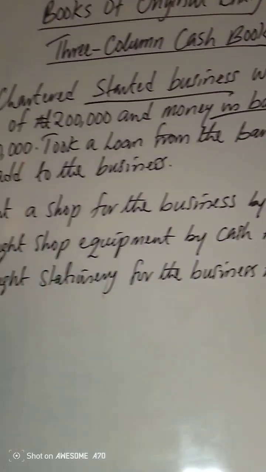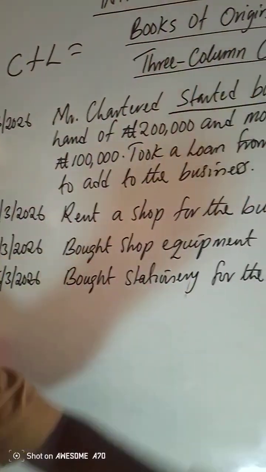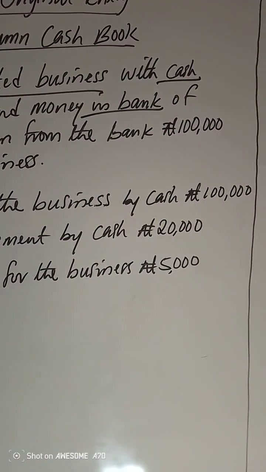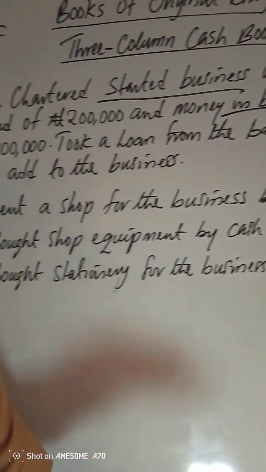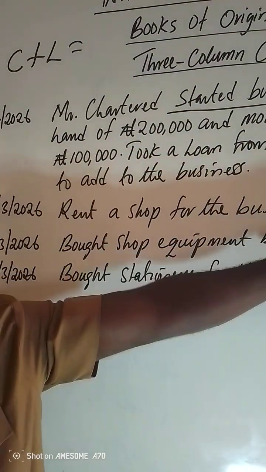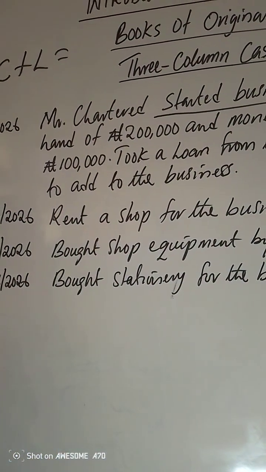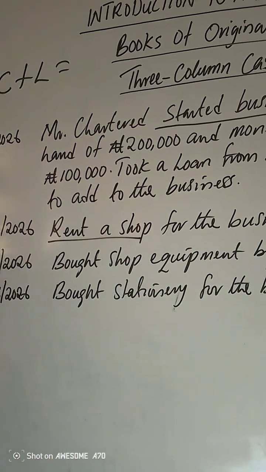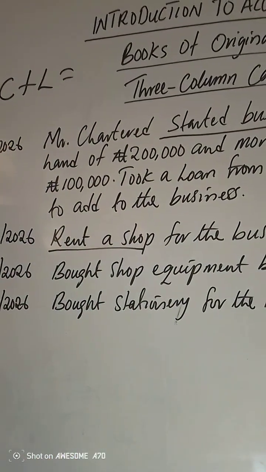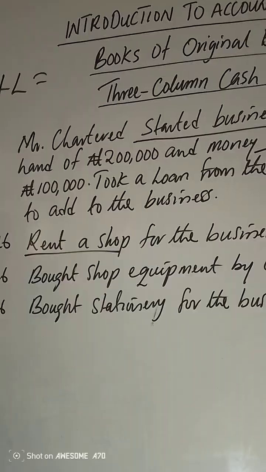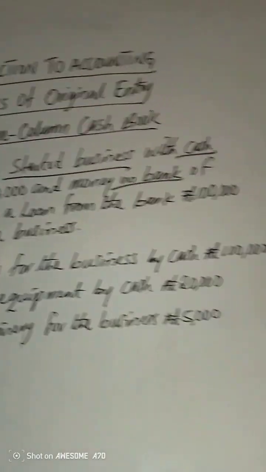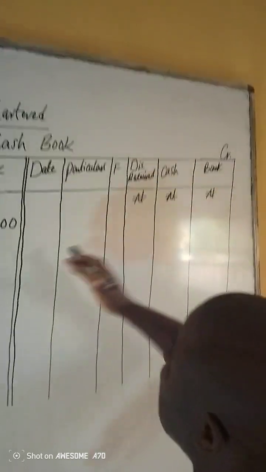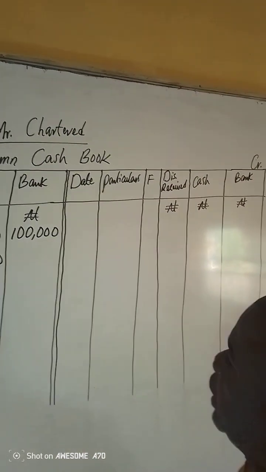Here, mind you, we are still standing on the principle of cash book that says all money received in the business is debited in the cash book, all money paid is credited. So in this case, cash has been paid out, and the purpose of paying the cash out is to pay shop rent. So to cut it short, you can just say rent, or you can say shop rent. So you come here and then credit your cash book, because money is going out of the business. So anytime money goes out of the business, you credit your cash book.